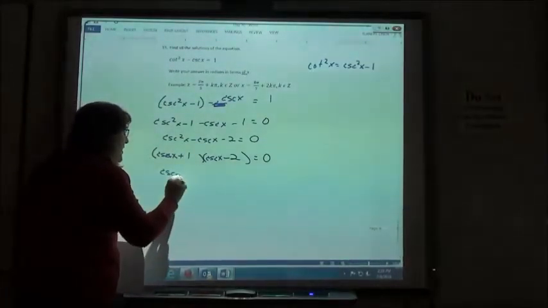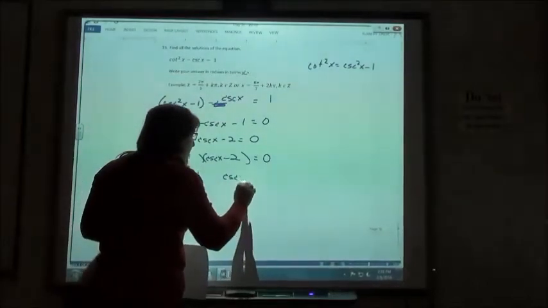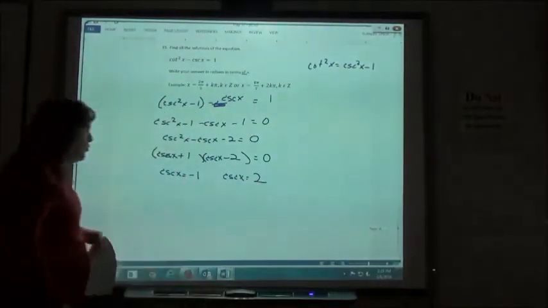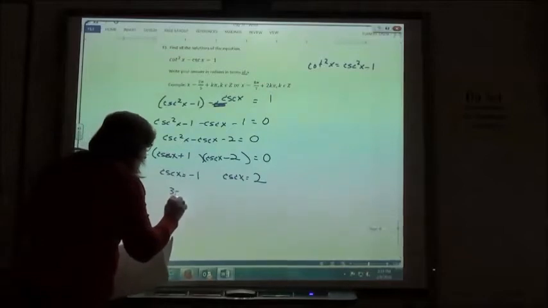So cosecant of x would equal negative 1, or cosecant of x would equal positive 2. So looking those up, cosecant of x equaling negative 1. Only one I find is 3 pi over 2.